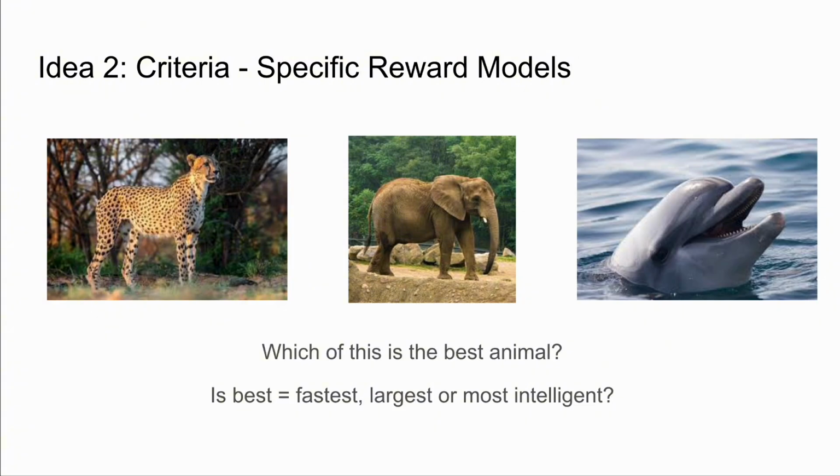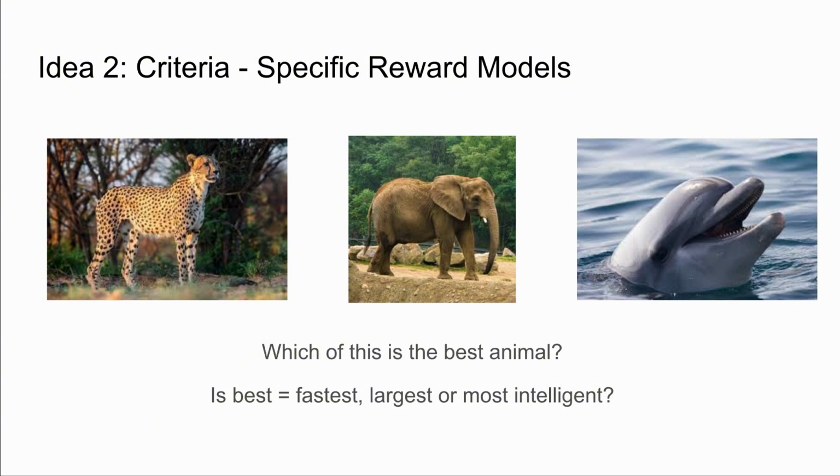Maybe some people think that the best animal is the one that can run the fastest. Another person maybe thinks that it's the one that is the largest. But if we change the word best to specifically fastest or specifically largest, I think it will be much easier for reward models to learn, since humans are able to do it more consistently.